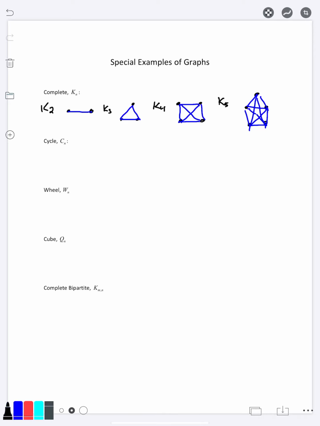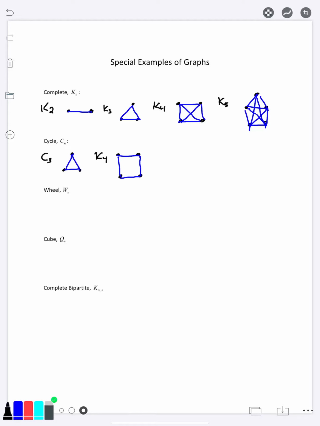Now for cycles, we're going to start with actually C3 here, because you can't really form a cycle with only two vertices. So a cycle, you want to get right back to where you started from. For C4, you have your four vertices, and you just start at one point and go all the way around to get back to where you started from.